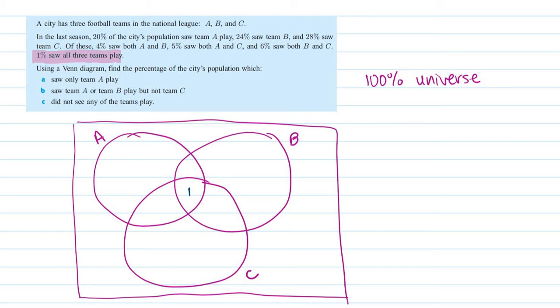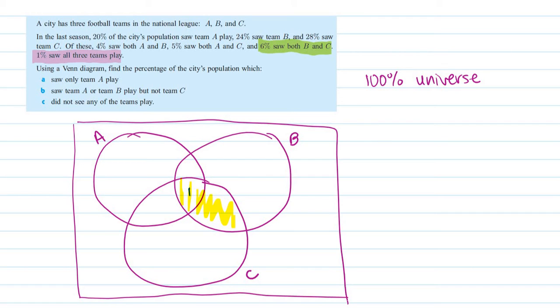Then going back more, 6% saw both B and C. The area that represents B and C is the place where those 2 overlap. We're talking about this area here, that almond in between B and C. Imagine that A wasn't there, it would just be the almond.